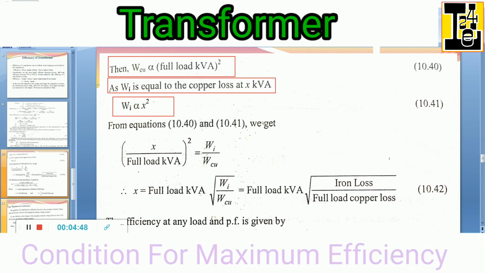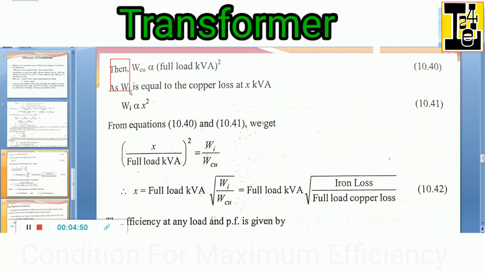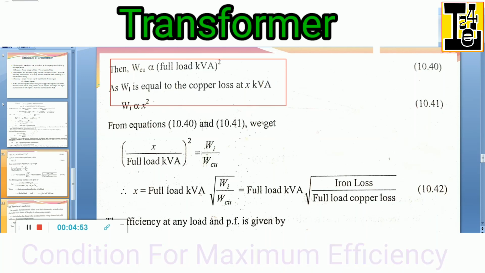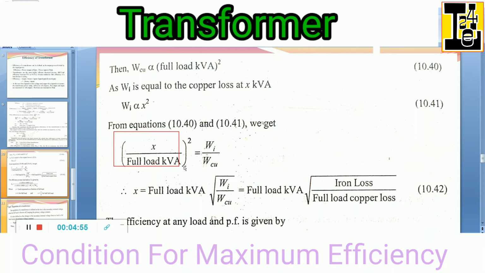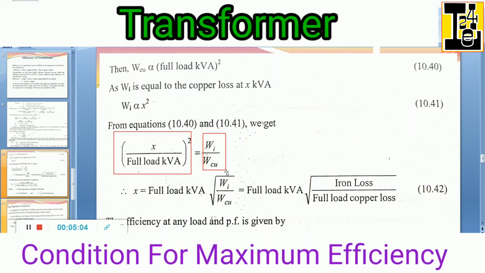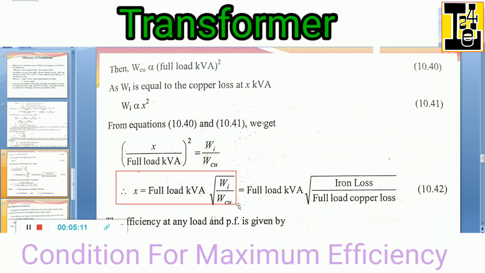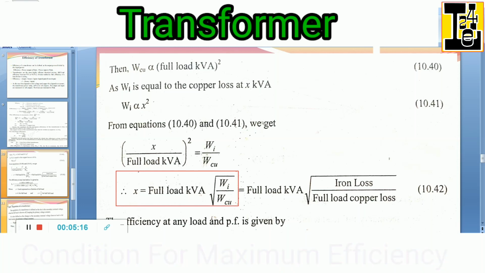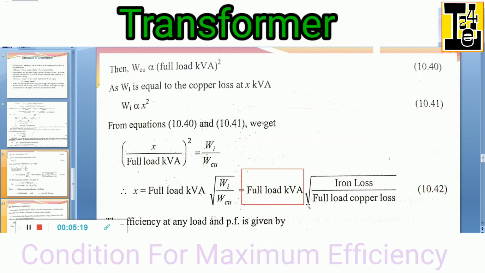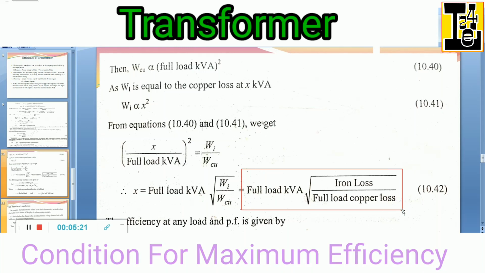So by using these expressions, we get X divided by full load kVA, whole square, equals Wi divided by WCU. Therefore, X equals full load kVA into square root of Wi divided by WCU, which is full load kVA into square root of iron loss divided by full load copper loss.